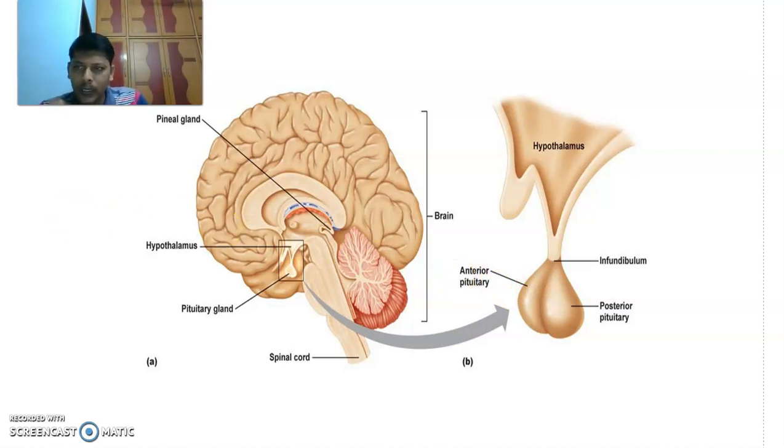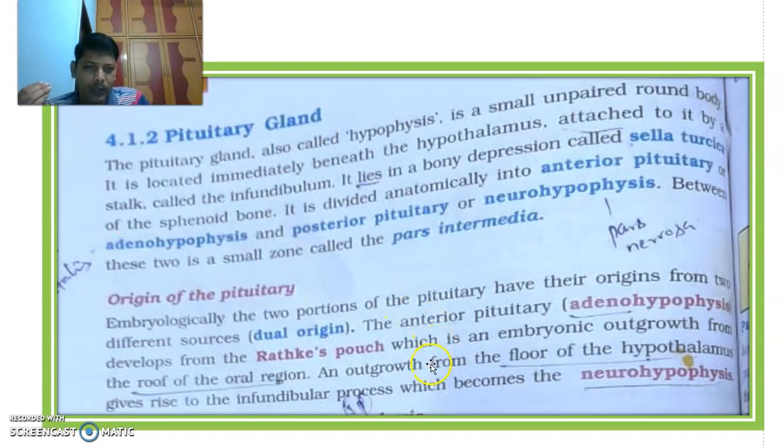That means the two parts have different embryological origin. An outgrowth from the floor of the hypothalamus gives rise to the infundibular process, which becomes the neurohypophysis. That is the origin of the pituitary gland. It is important. It was given in the mock test papers.